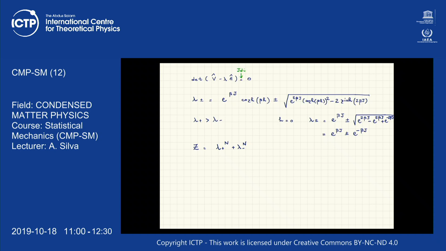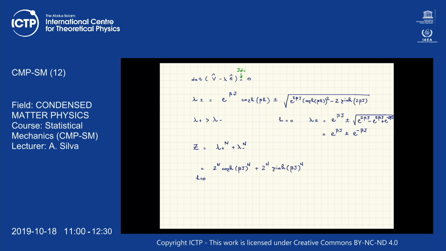So this is equal to 2 cosine hyperbolic for the plus, and 2 sine hyperbolic for the minus. So what I will get is 2 to the n cosine hyperbolic beta j to the n plus 2 to the n sine hyperbolic beta j to the n for h equals 0. For h not equal to 0 it is something else.